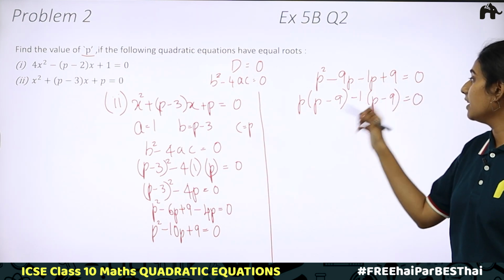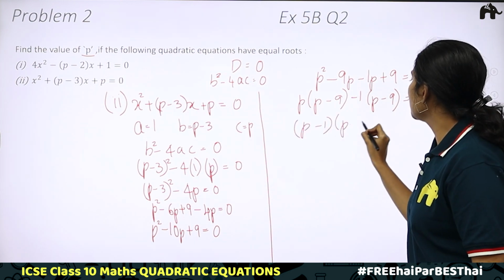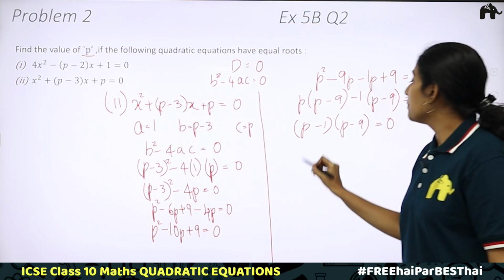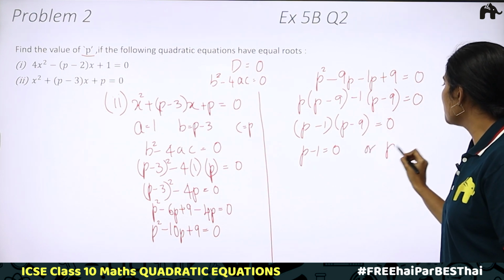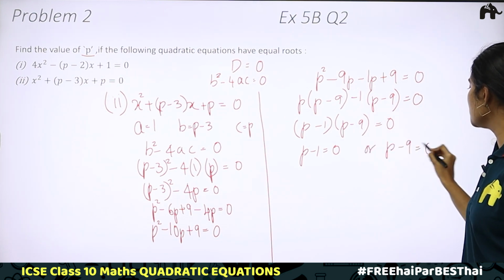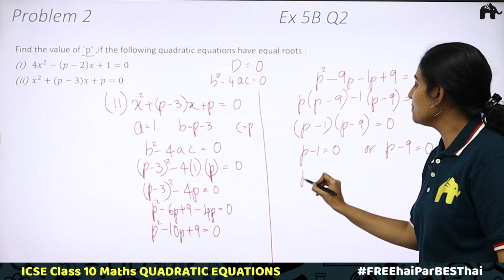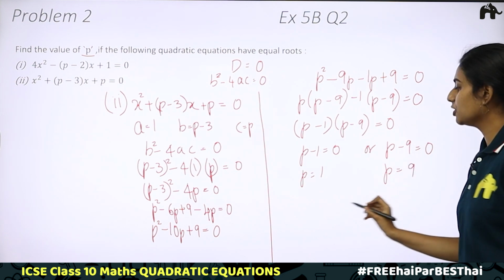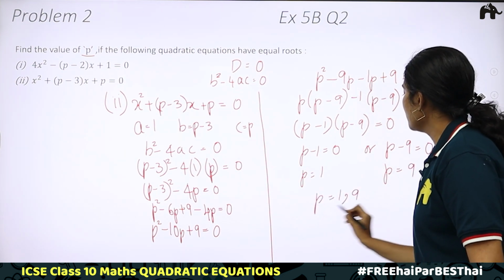Now, p minus 1 into p minus 9 is equal to 0. p minus 1 is equal to 0 or p minus 9 is equal to 0. Possible values of p are either p is equal to 1 or p is equal to 9.